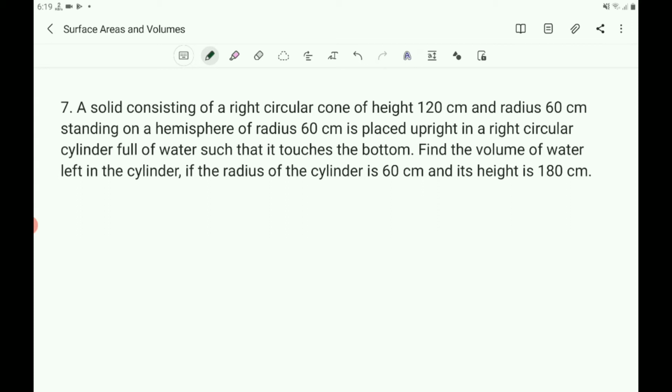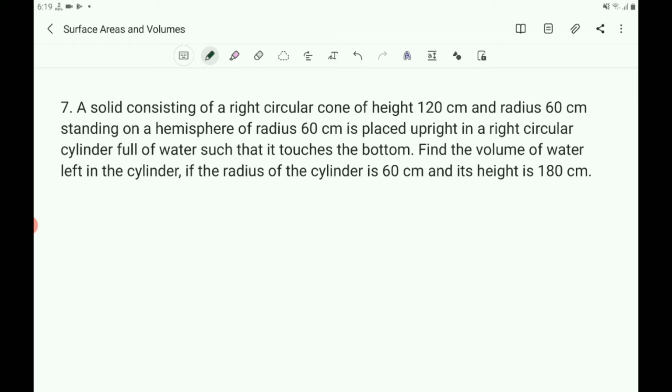of radius 60 centimeter is placed upright in a right circular cylinder full of water such that it touches the bottom. Find the volume of water left in the cylinder if the radius of the cylinder is 60 centimeter and its height is 180 centimeter.